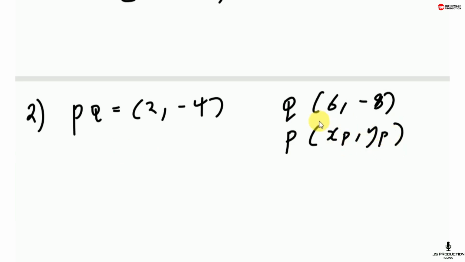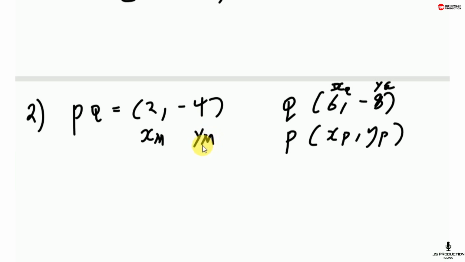Then I can represent the coordinates of Q. I can say that's going to be my XQ, and that's going to be my YQ. And we know that this point 2 represents XM and -4 represents YM.